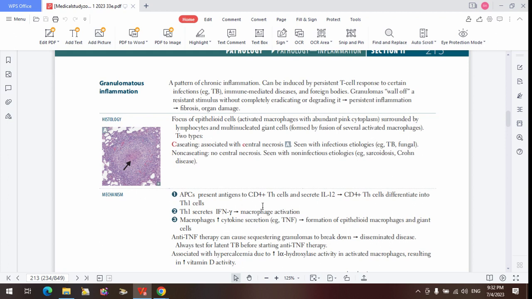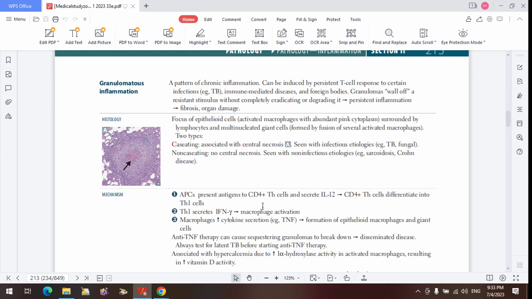So once you see granuloma, you know that there's likely to be walling off of that stimulus by the T cells and the macrophages. The cells involved in chronic inflammation are the T cells and the macrophages. The macrophages surrounding that granuloma will be activated by both the classical and alternative pathways.